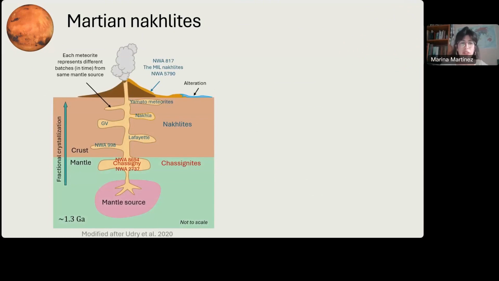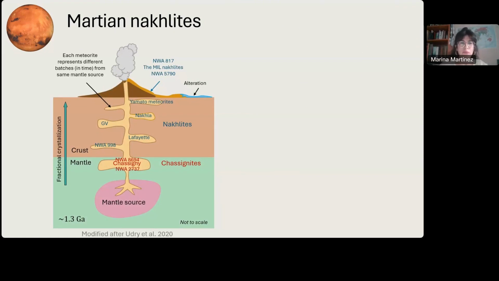Here we have a drawing that's not to scale, but Chassignites and Nakhlites have been linked to the same magmatic system. They have the same crystallization ages, same ejection ages, etc., a series of evidence that relate them to the same magmatic system.